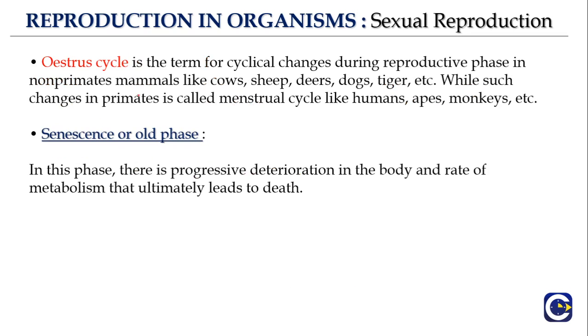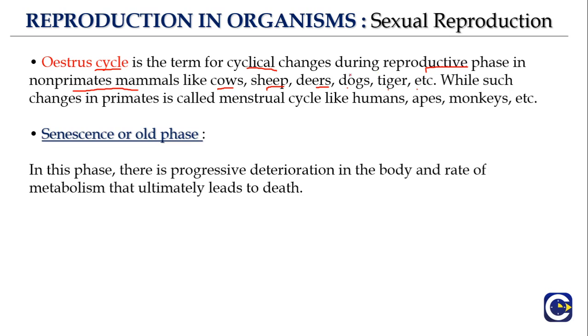Okay. Next is the oestrus cycle. Oestrus cycle is just the term for cyclic changes during the reproductive phase in non-primate mammals. Which are the non-primate mammals? Cows, sheep, deer, dogs, tigers, etc. So the oestrus cycle is a term for cyclic changes, like the menstrual cycle in humans.